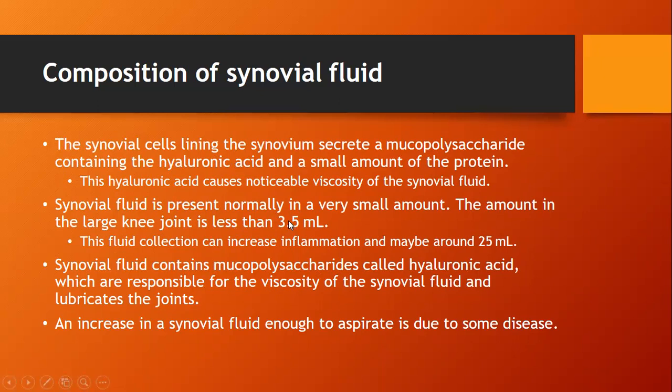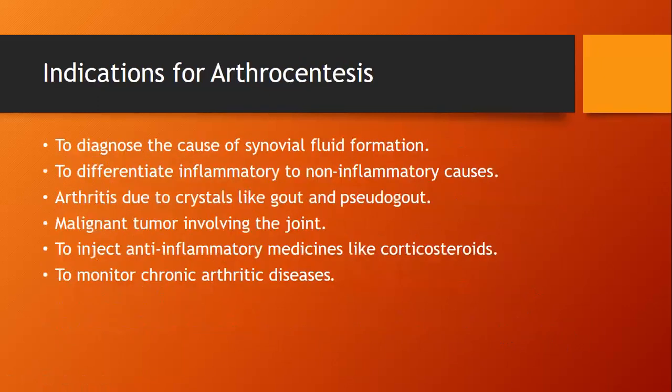Okay? However, in inflammatory states, you get an increased level of synovial fluid, maybe around 25 ml. Now, an increase in the synovial fluid enough to aspirate is due to some diseases, in particular inflammatory states, as I mentioned a while ago.